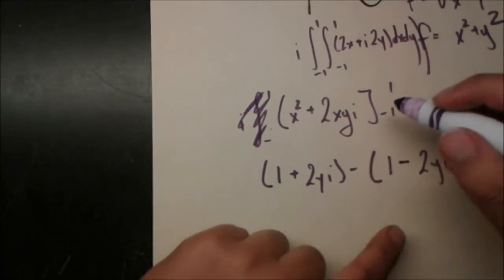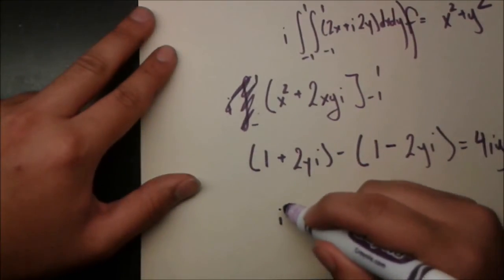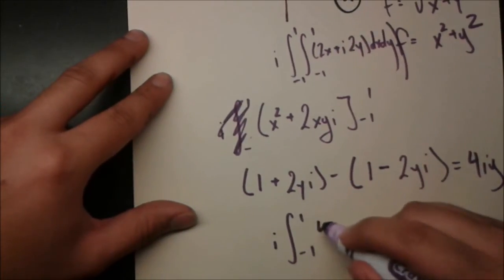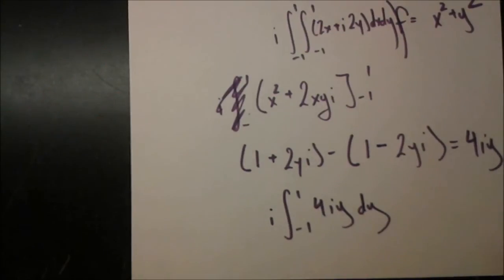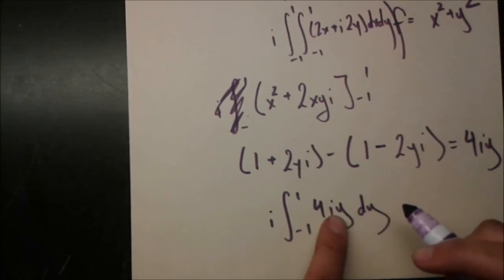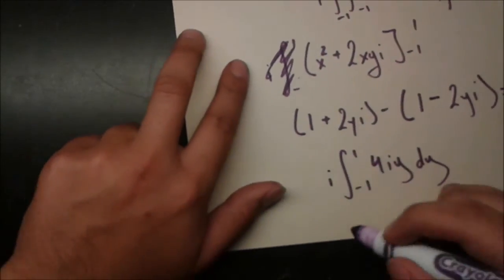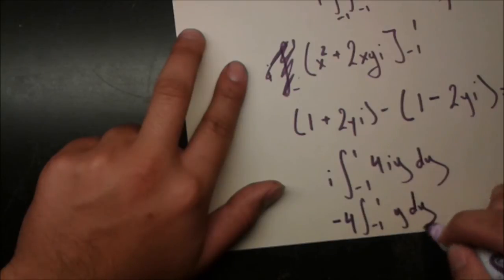Okay, so now this inside integral we worked out is 4iy. So now let's work out the outside integral. So it's i integral from -1 to 1 of 4iy dy. Okay, so this 4i is a constant, we can take it to the outside. So 4i times i is -4. So we have -4 integral from -1 to 1 of y dy.